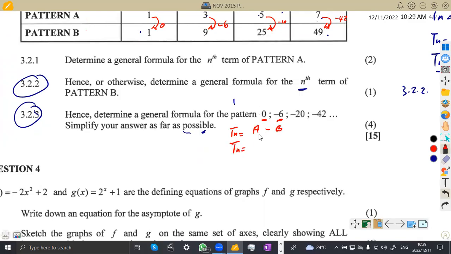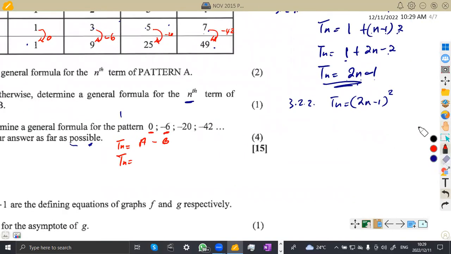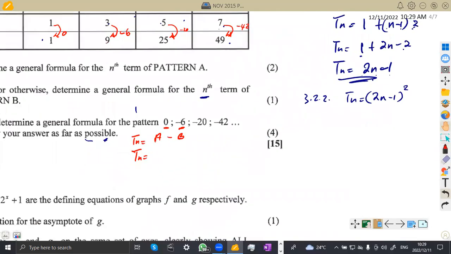So to find the Tn, we are simply subtracting Tn of pattern B from Tn of pattern A. For pattern A, it was 2n minus 1. So it's 2n minus 1 minus pattern B, which was 2n minus 1 squared. So this is what is represented by Tn, but these can be like terms if we expand the brackets.